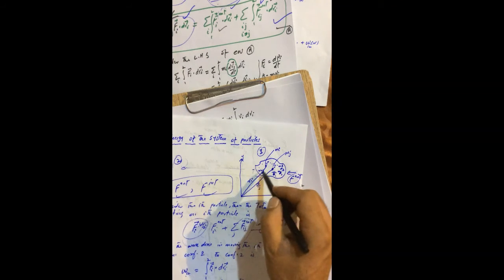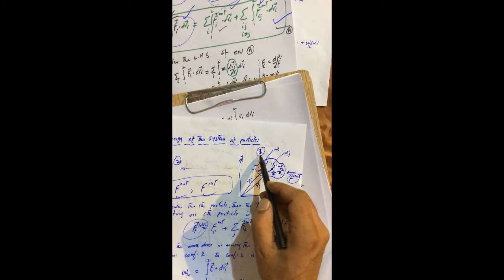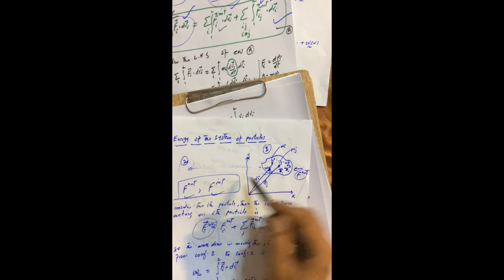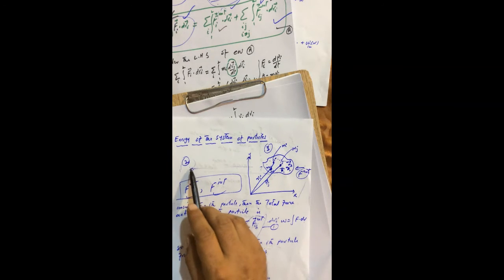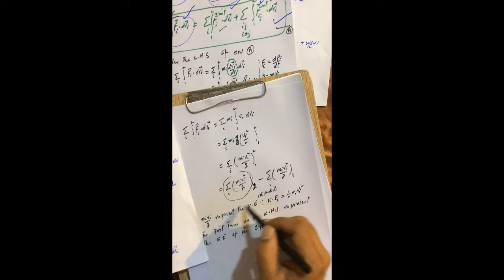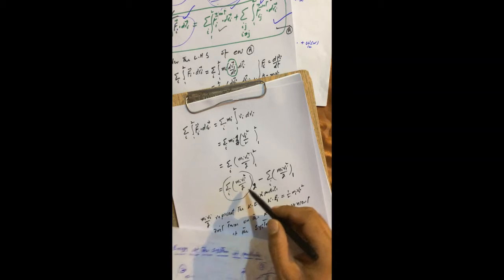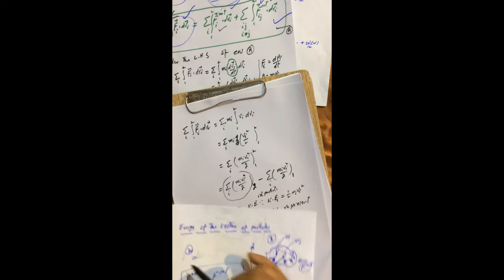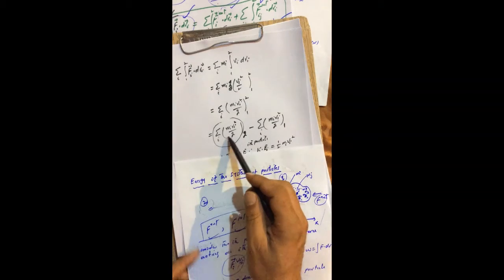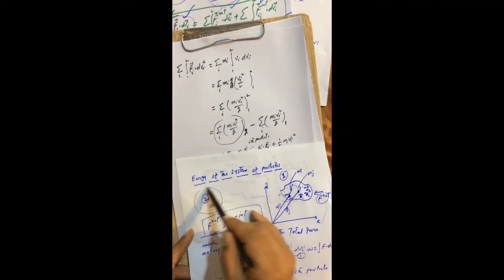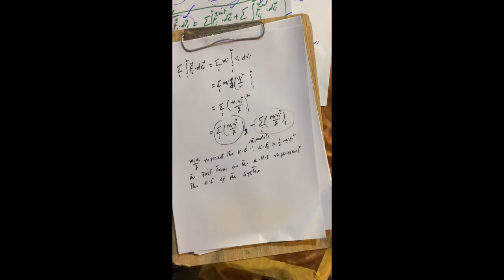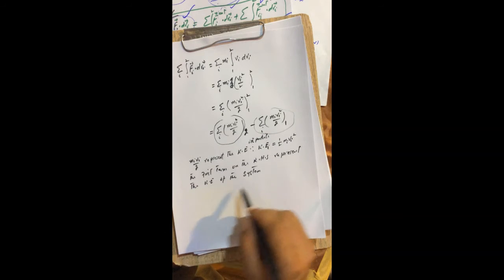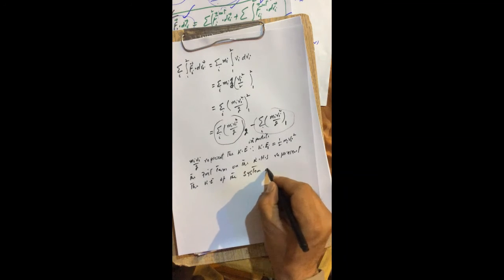Initially the system was here, which I represent by position 1 or configuration 1. We apply the force, and we bring the system to this position or configuration, which is 2. So this term represents the kinetic energy of the system at this point, and this represents the kinetic energy of the system at the other point. So we can say that the first term represents the kinetic energy of the system at configuration 2.